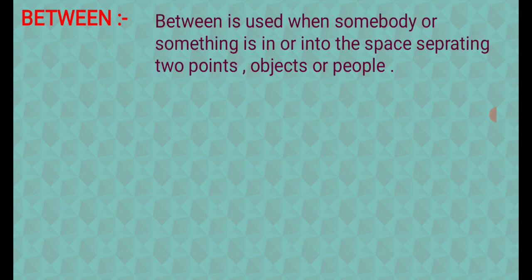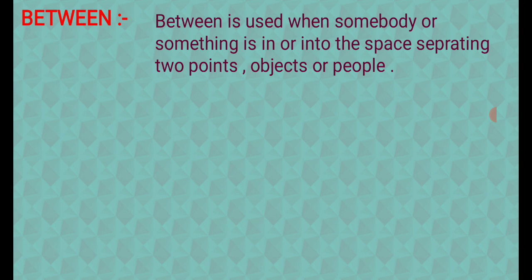Let's move on. The next preposition, between. Let's see where we use between. Between is used when somebody or something is in or into the space separating 2 points, objects or people.